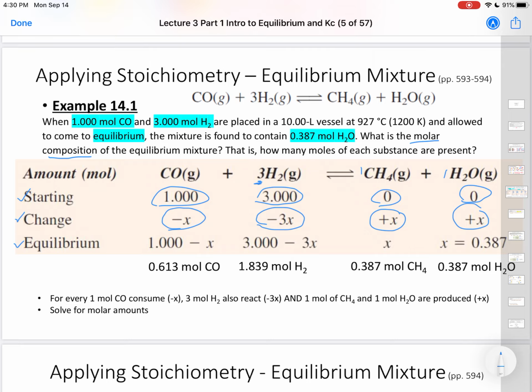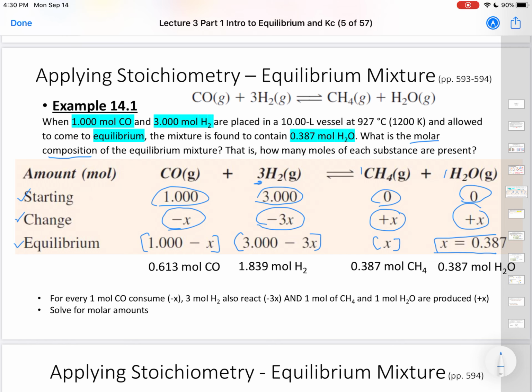Okay, now remember in the problem they tell you that at equilibrium, this is how many moles of H2O you have, okay? So you do know what x is, so let's plug in x into each one of these equilibrium amounts, okay? It's not concentration in this table, it's mole amounts, okay?